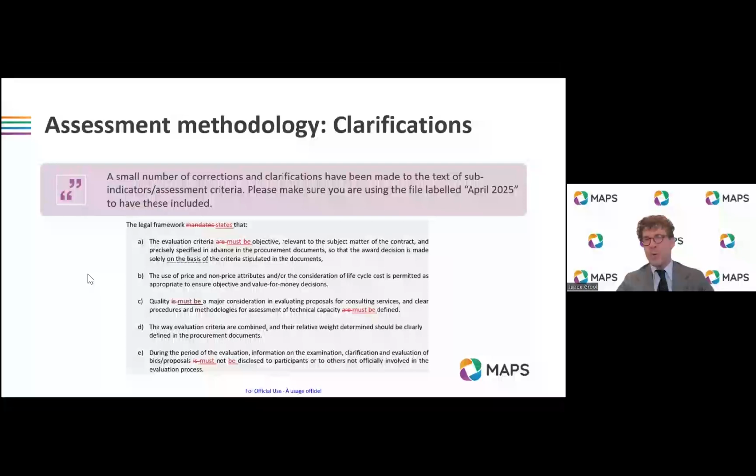So we have removed a lot of "shoulds" and replaced them with "must be", just to underline without any doubt that what this criteria is evaluating is whether or not this is in place. So this is the type of corrections and clarifications we're talking about.